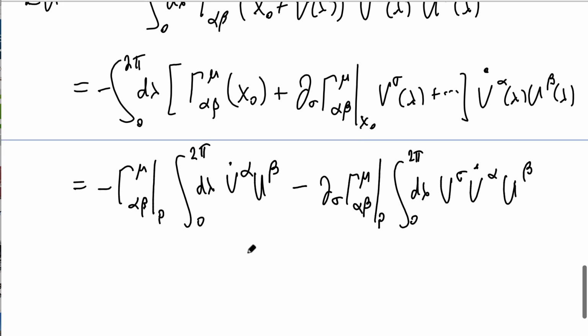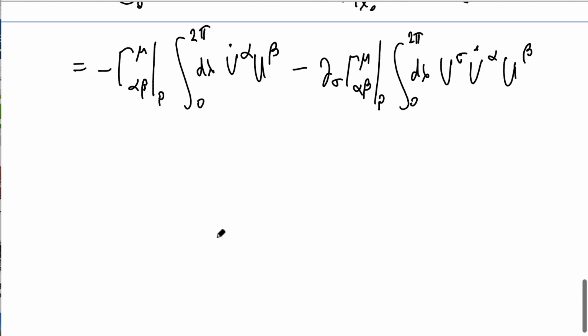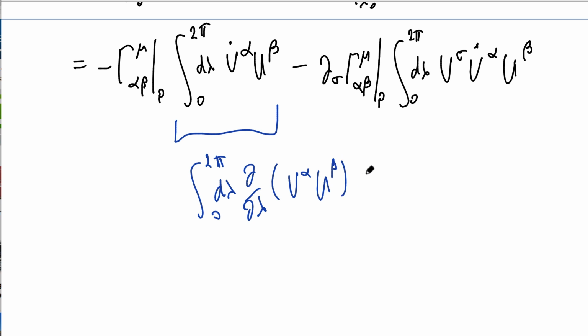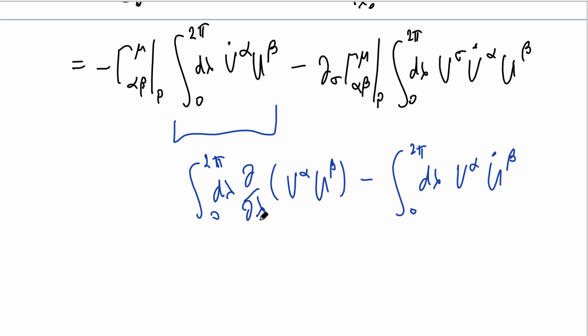Now in this first integral, let's carry out an integration by parts. So this we can write as the integral from 0 to 2π of dλ times the derivative with respect to lambda of v^α u^β, minus the integral from 0 to 2π dλ of v^α u̇^β. Now this first term is just v^α u^β evaluated at 0 and 2π.